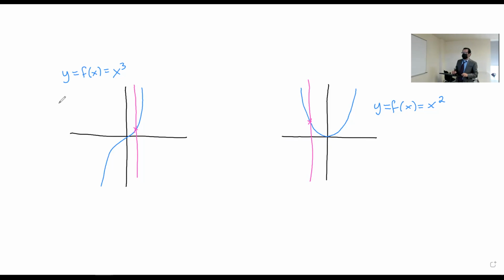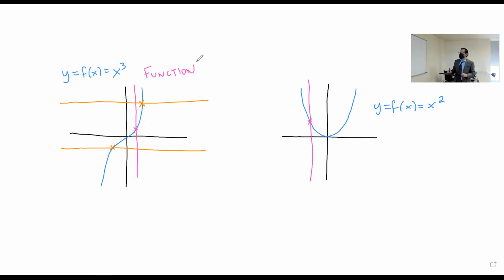So for example, for this graph here, if I trace a horizontal line, what happens? It only intersects in one point. And I can draw that in any point of the graph, and it only intersects in one point. Okay? So since the horizontal line only intersects in one point, well, first, this is a function.